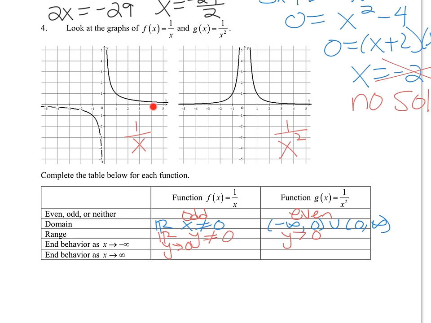And as x goes to infinity, our graph is approaching 0. It's going to be the same end behaviors for g of x. As x goes to -infinity, our graph approaches 0, actually on both sides.